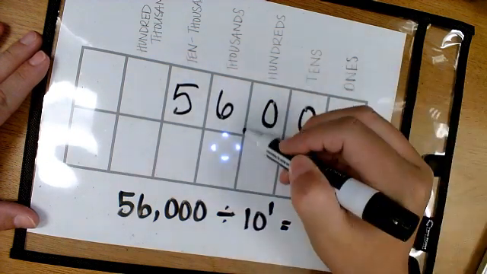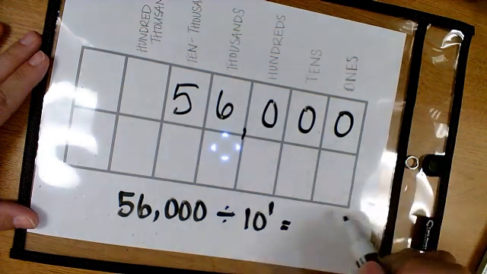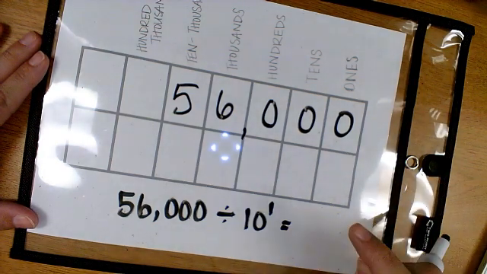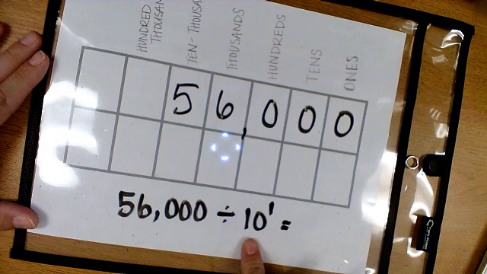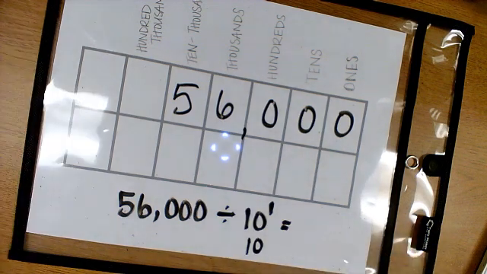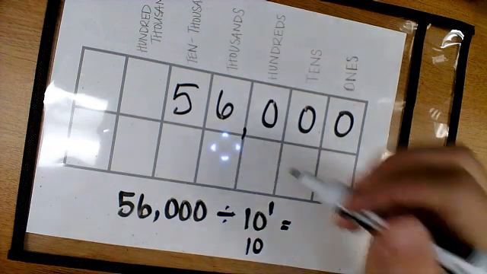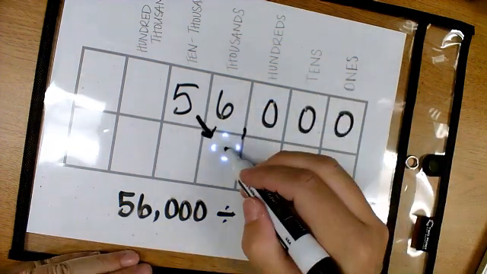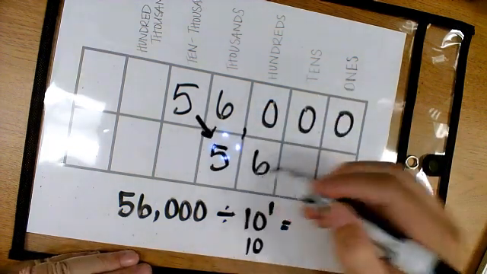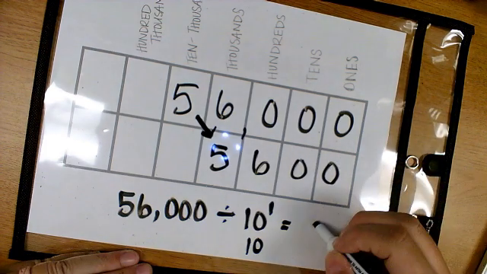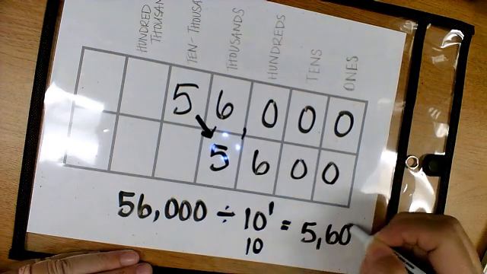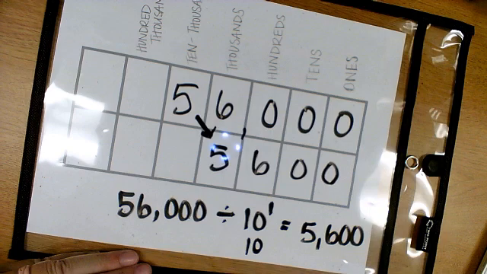And again, we're dividing, so it means I'm going to shift to the right. 10 to the first power is just 10, so I'm going to make it 10 times smaller, which means I'm just going to make one jump to the right. So I get 5,600.